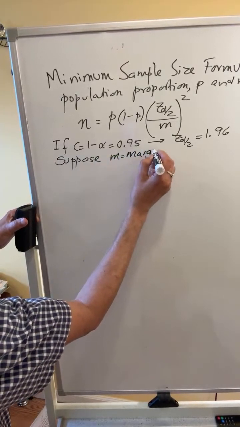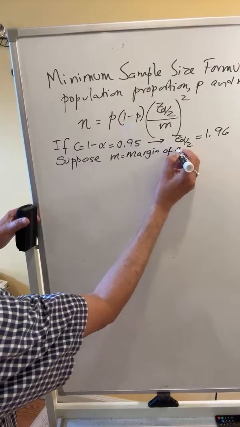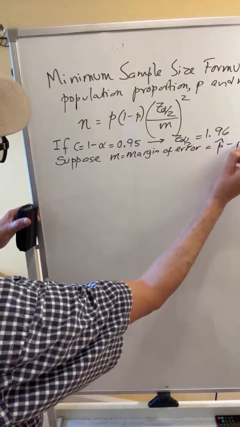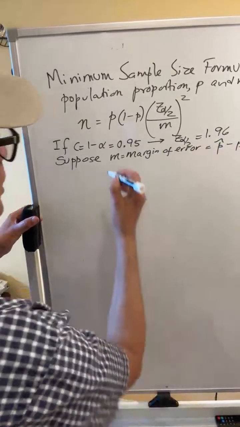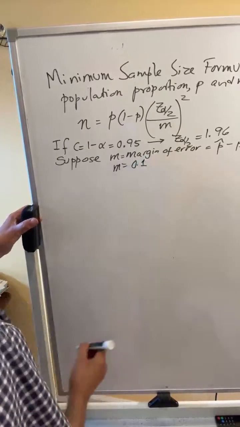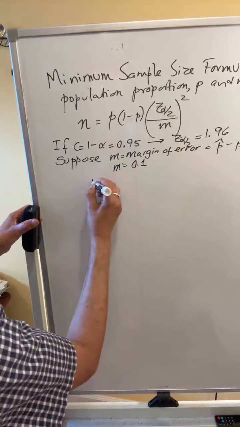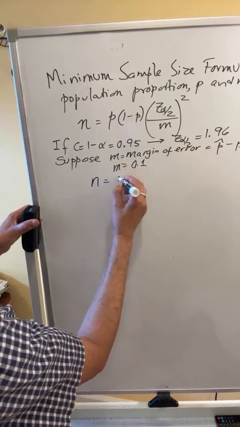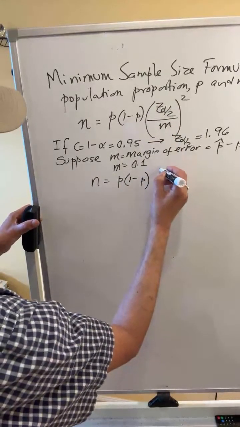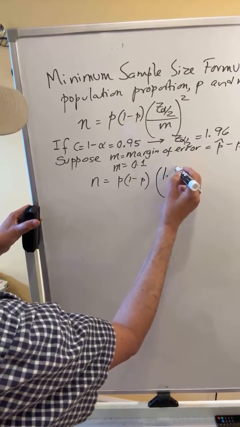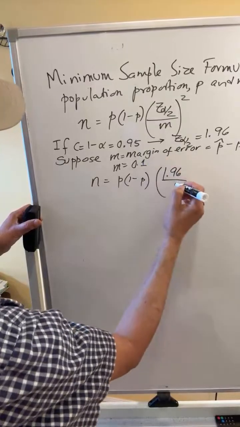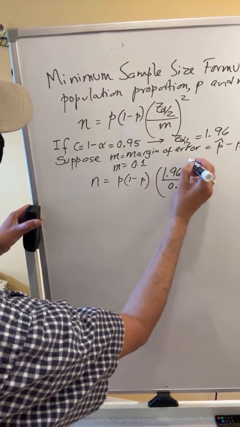Again, to remind you, margin of error is the difference between the sample proportion and population proportion. Then n is equal to P times 1 minus P, for 95% confidence Z alpha by 2 is 1.96, divided by the margin of error 0.1, and you're going to square this.